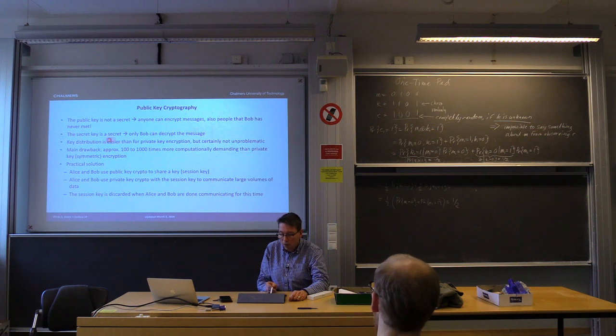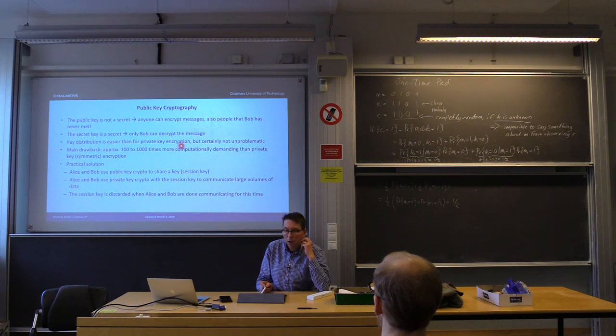The secret key, however, is a secret, which means that only Bob can decrypt the message. Key distribution is quite a bit easier than with private key encryption, but as we will see later on, it's certainly not a piece of cake, so one needs to take care of that in a good way.